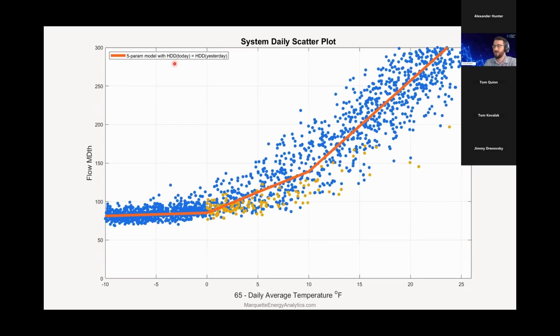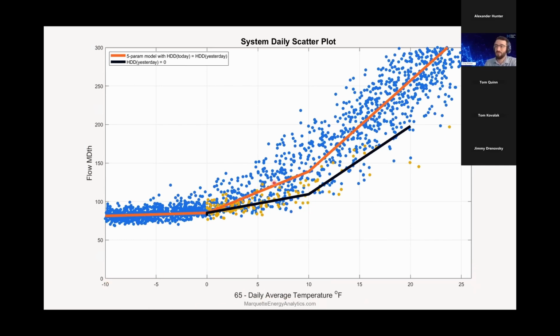This next part is a little bit easier if we zoom in. But if we instead plot what this line looks like if yesterday's heating degree days equals 0, so yesterday's heating degree day equals 0, and then this represents how many heating degree days there were day of.